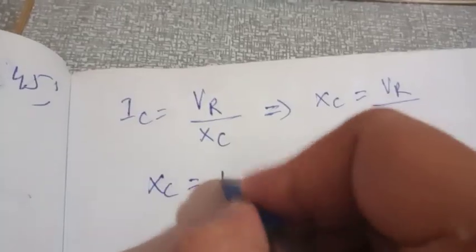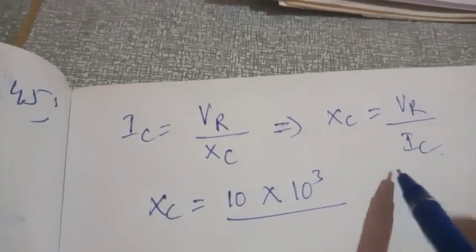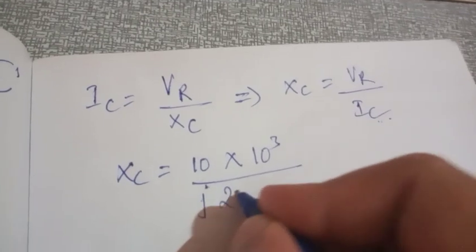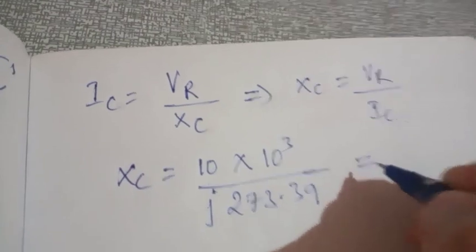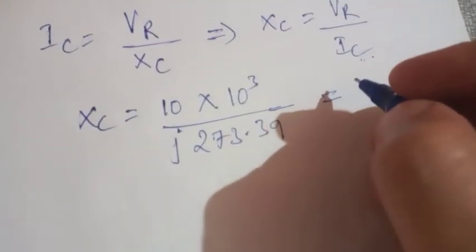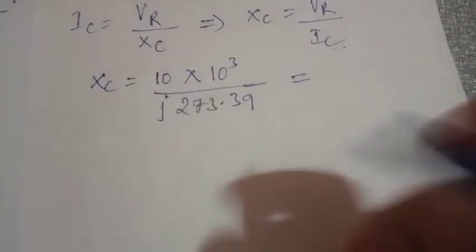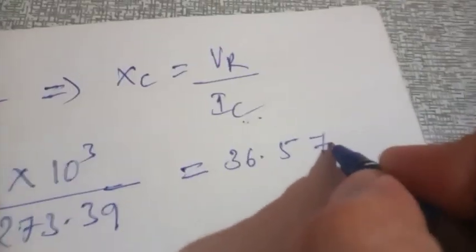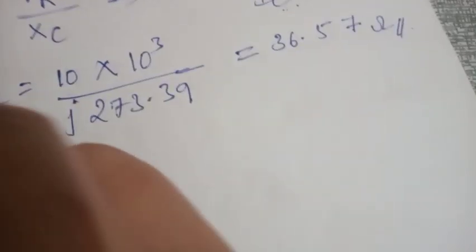VR is 10 kV, that is 10 into 10 to the power of 3, divided by IC. What is the new IC value? j 273.39. That will give XC around 36.57 ohms.